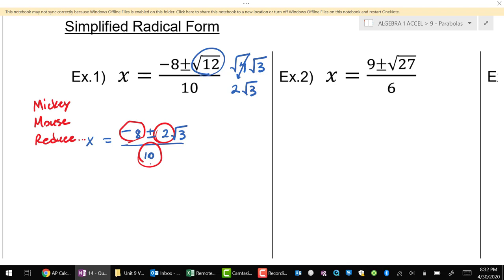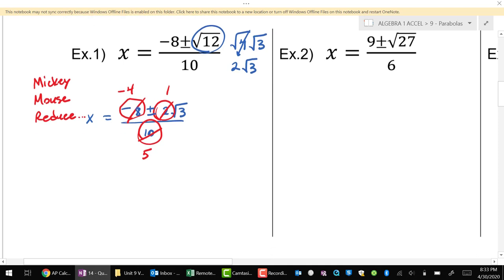In this case, -8 and 2 and 10, the number 2 would go into all 3 of those numbers evenly. 2 goes into -8, -4 times. 2 goes into 2 once. And then 2 goes into 10 5 times. So my final answer after doing some clever algebraic reducing is really going to be this. x equals -4, plus or minus will remain there.